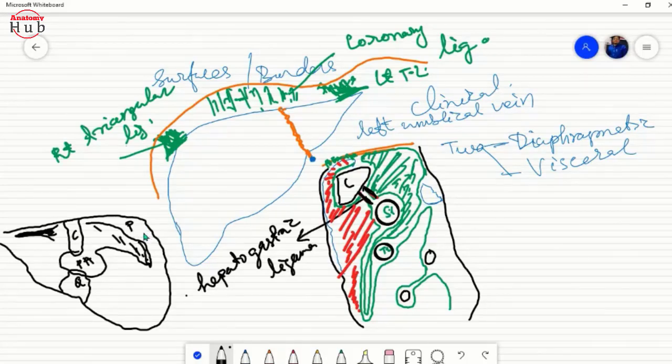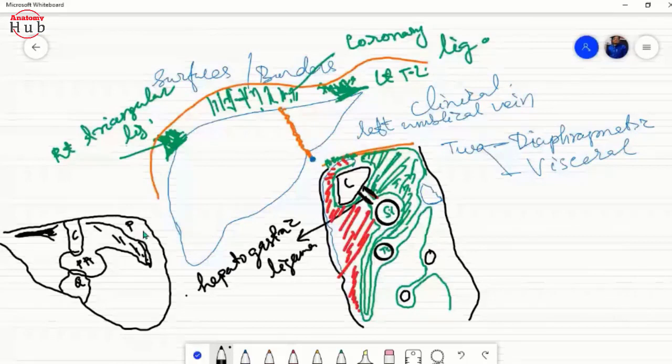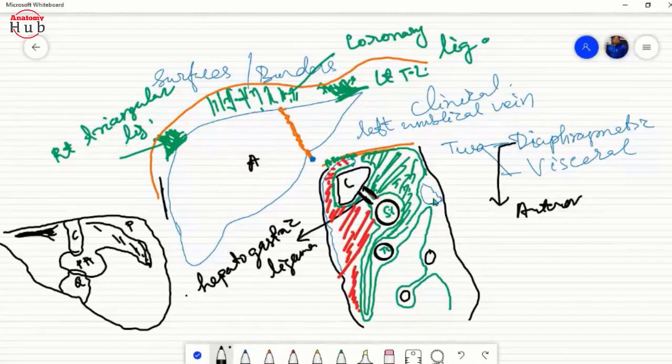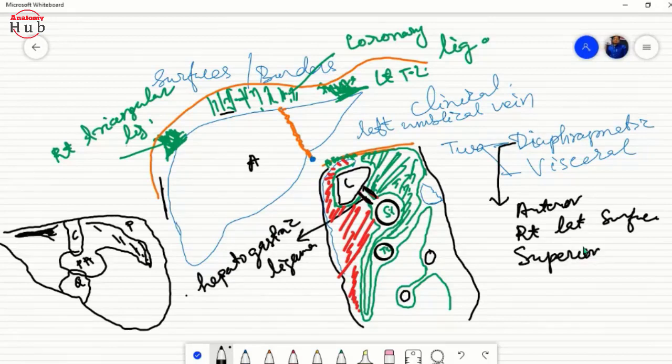As I told you, the diaphragmatic surface and visceral surface. Again, this diaphragmatic surface has so many parts. Here you can see this one is the anterior surface, this is your right lateral surface, this is your superior surface, and this one is your posterior surface.